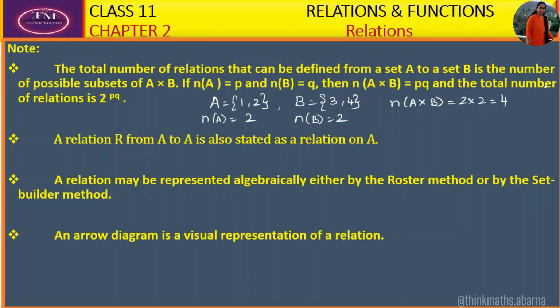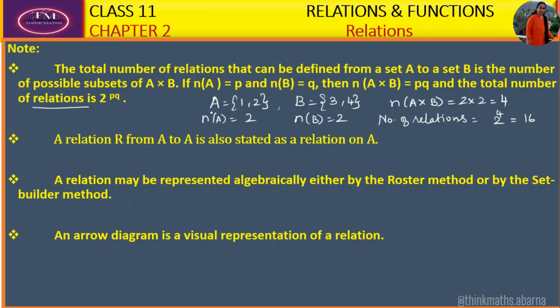Number of relations is equal to 2 to the power PQ. PQ here is the product, which is 4. So it is 2 power 4, which is 16. So there will be 16 relations.